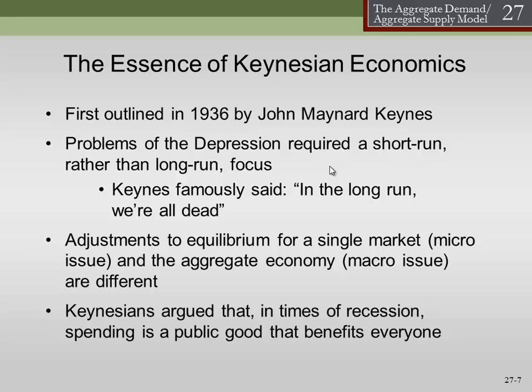So Keynes argued that in times of recession, we should spend on public goods that benefit everyone. Essentially, his argument was that we need to manage something we call aggregate demand, or demand for goods. When there are more goods being supplied in the economy than are being demanded, that's a recession.